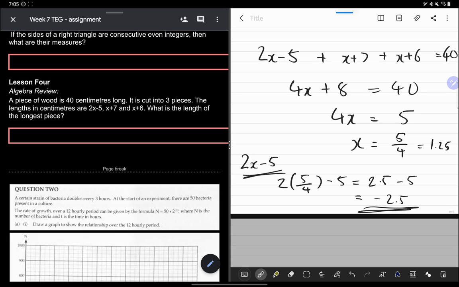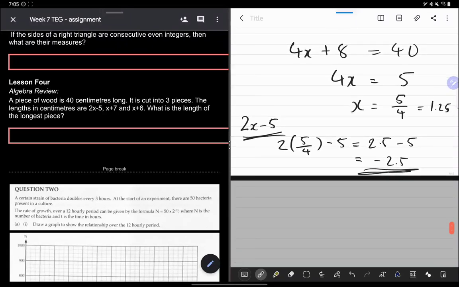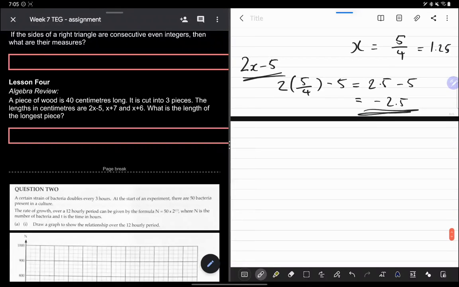That doesn't make any sense at all. Huh. All right, I'm going to have to come back to that. Maybe I've done this wrong entirely, but I am going to press on. This becomes 1.25 plus 7, which is 8.25.